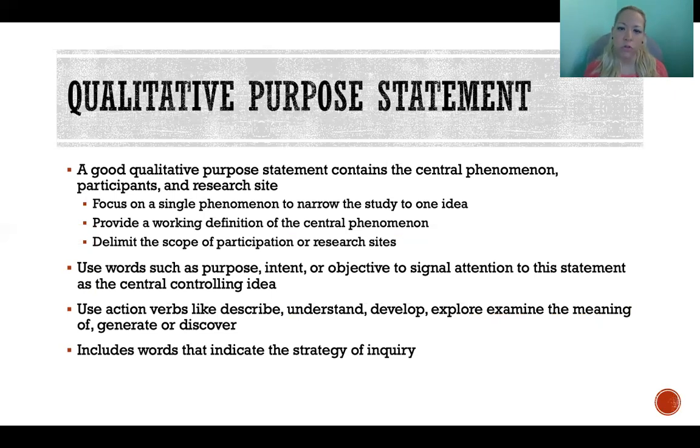So we should be able to clearly identify it because of these signaling words that should be included in the purpose statement. You can also use action verbs like describe, understand, develop, or explore. There's all sorts of different verbs like that that we can include. So it would be like the purpose of this study is to understand blah, blah, blah phenomenon, which we define as, just as an example.